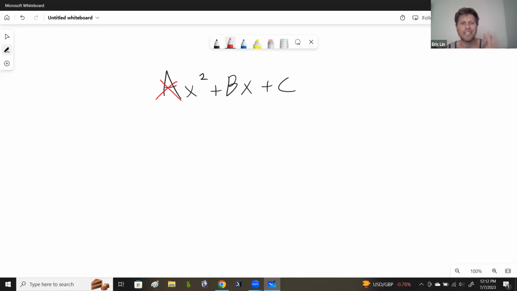We are not going to be dealing with any other scenarios, except I have a couple at the end just to show how much more difficult it can be. So we're essentially going to have a simpler version of a quadratic that looks like this.